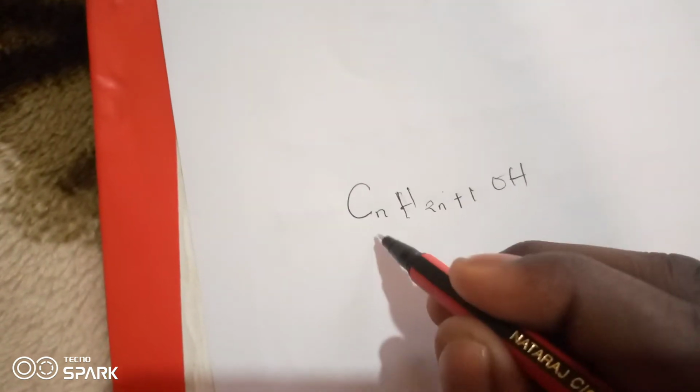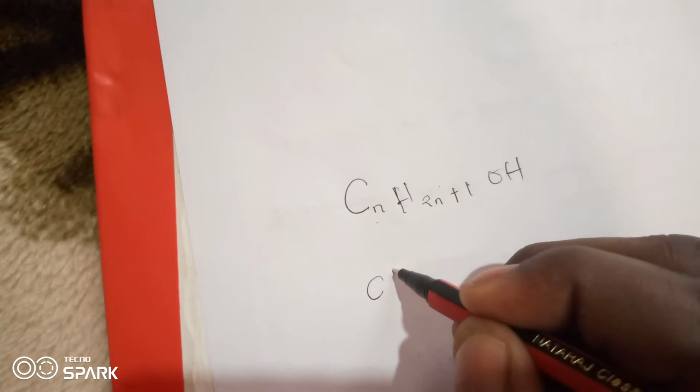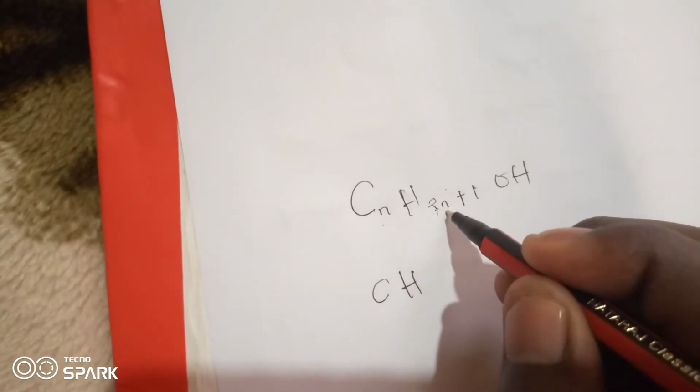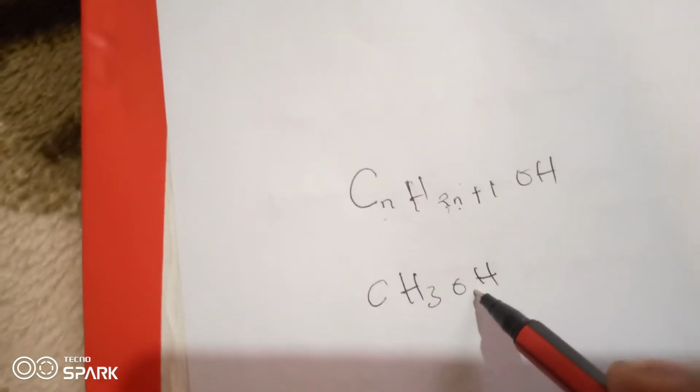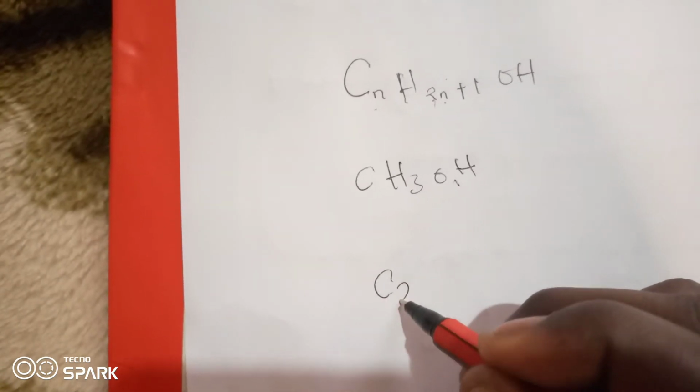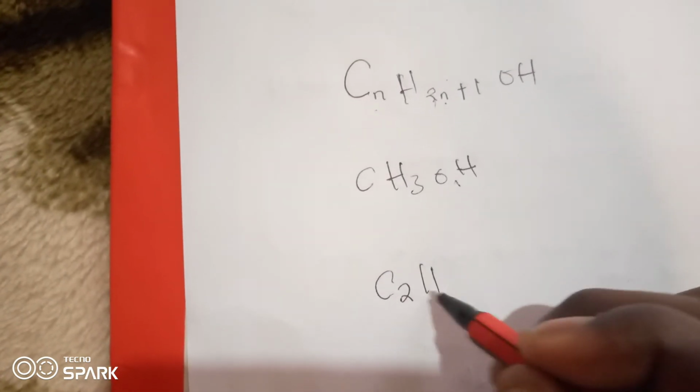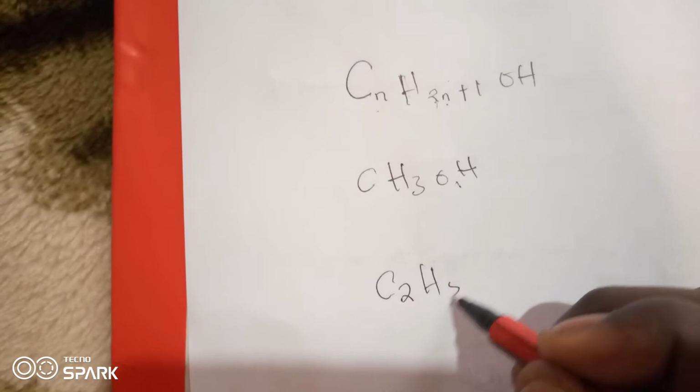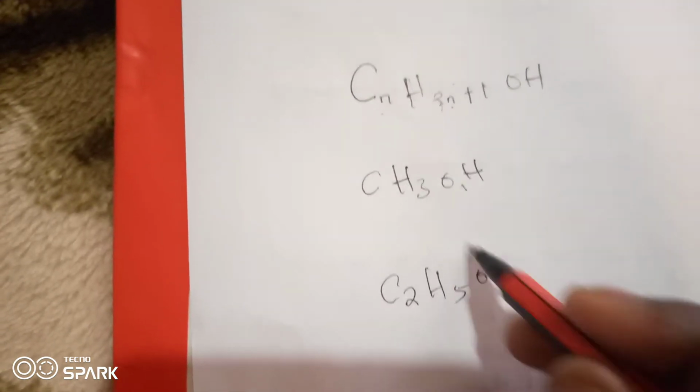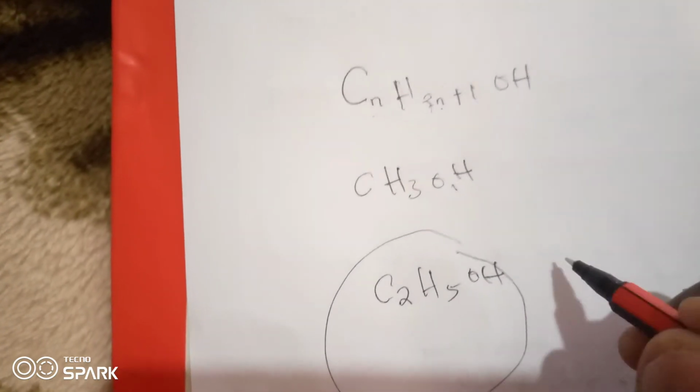So we put 1 here, it will be 1, then 2 times 1 plus 1, you get 3, OH. So this one is methanol, okay? Then we get the second one, which is giving us C2H5OH. So this one is ethanol.